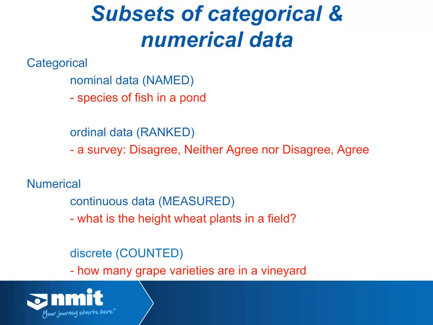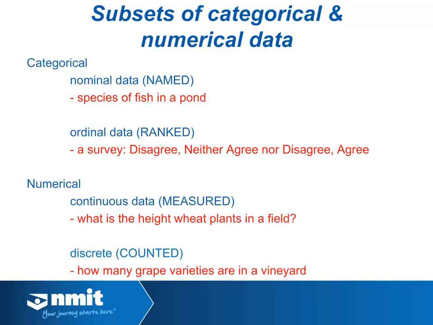Obviously you'll tick agree. But that's classic ranked data. And there's particular ways that we'll learn how you can analyse this ranked data, because it's a very, very common variable that you'll encounter. And so there'll be lots of data which you'll be encountering based on this measured variable. So that's the categorical classes, named and ranked.